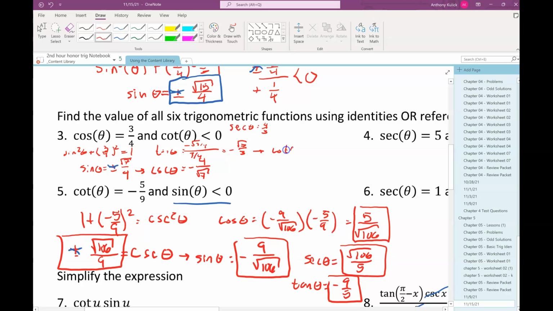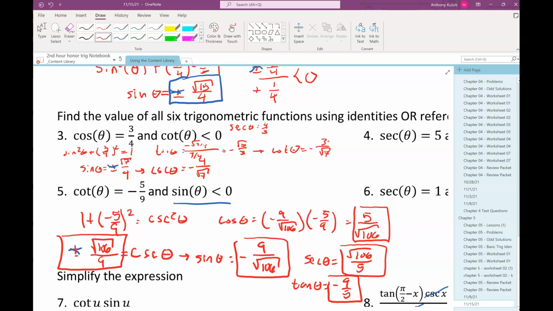And cotangent is the reciprocal, so negative 3 over root 7. Again, rationalize the denominator there, but is that okay? Yeah. Sure.